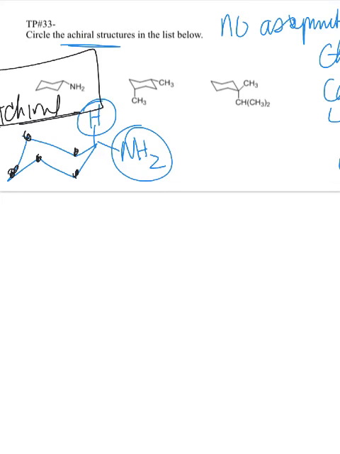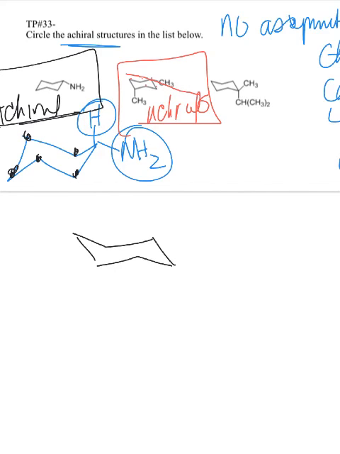Okay, this molecule here, these are cis, and they have a plane of symmetry. So I would say that's achiral. Also, you can look at it here. These go the same, these go the same, and then they meet. That's another test. I like lots of tests, especially if I'm going to be tested on something.